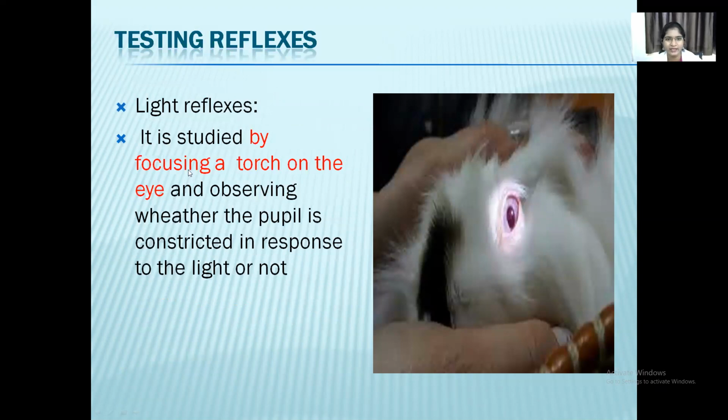You can see the light reflex here. When you focus a torch light on the rabbit eye, the pupil is constricted. It is studied by focusing the torch on the eye and observing whether the pupil is constricted or not.